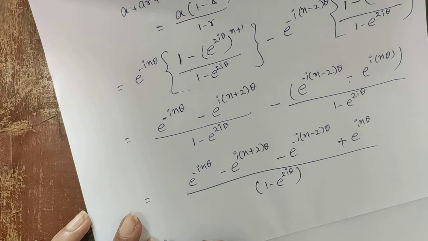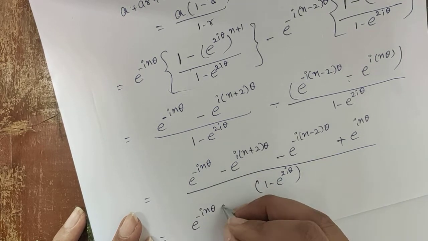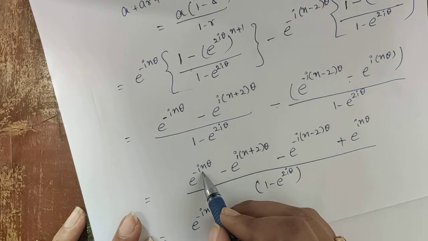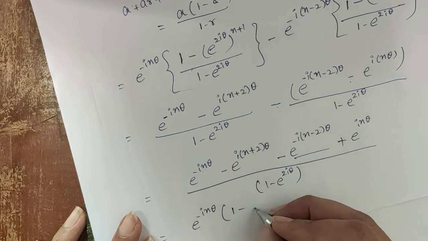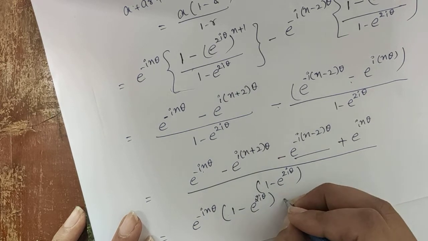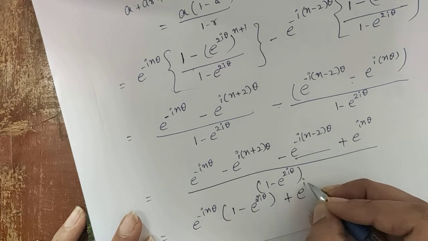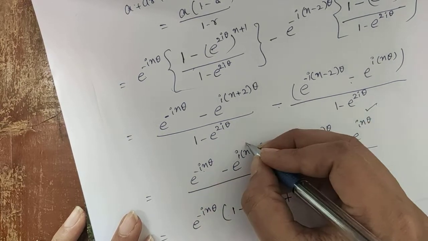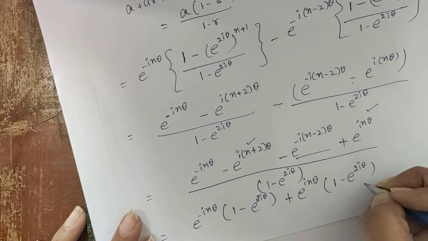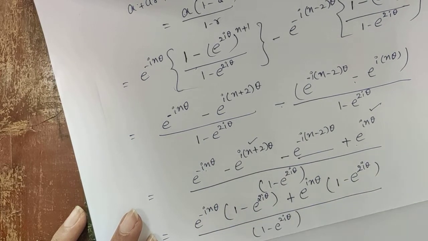So again this is nothing but e power minus i n theta into 1 minus, I can take e power minus i n theta as common with this. So we will get e power 2i theta minus, okay, we can take plus e power i n theta as common with these two terms. So we will get 1 minus e power 2i theta whole divided by 1 minus e power 2i theta, right?